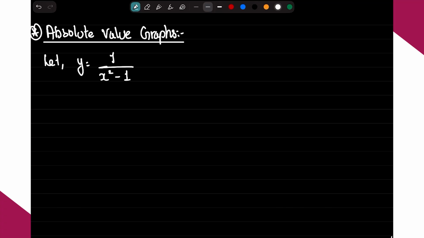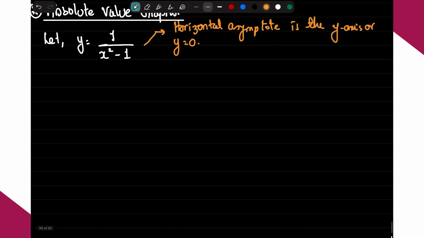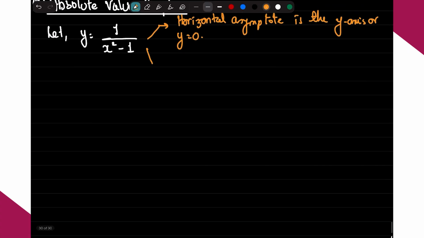So from this particular format of the function, we can automatically say that the horizontal asymptote is the y-axis. Or basically, we're saying that y equal to 0.